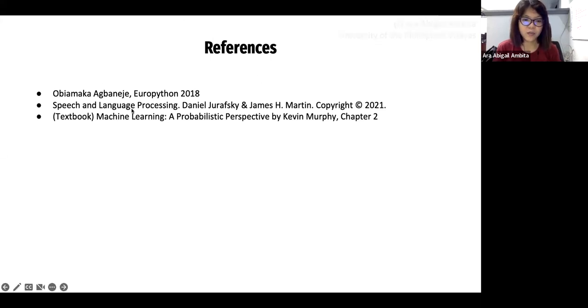And then most of the information about naive-Bayes, as well as how to apply it in spam filtering, was taken from Jurafsky and Martin's article. And lastly, the review for probabilities is from Probabilistic Perspective by Kevin Murphy.